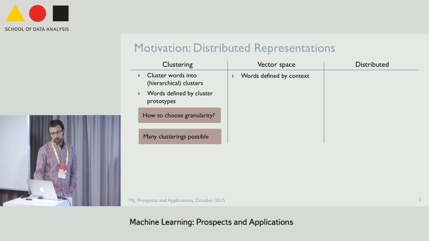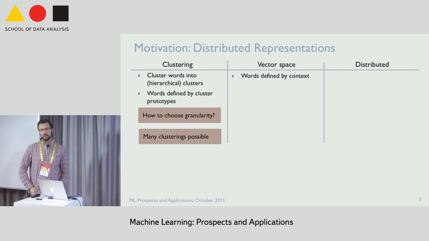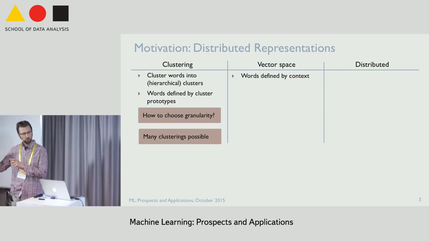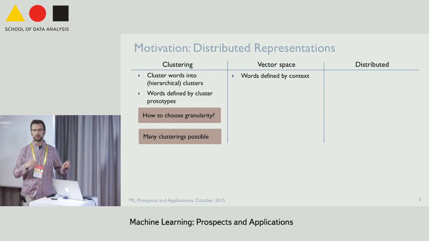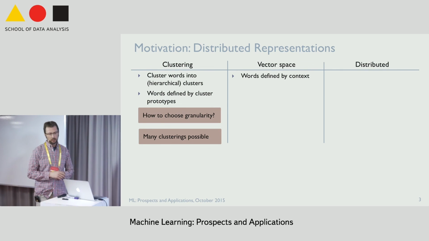Another option is vector space representation. Until recently, that really meant representing a word as the context in which it appears. Typically, you have a small contextual window that you use to collect other words that tend to co-occur with a given word, and then you turn that co-occurrence information into large vectors of the size of your vocabulary, so very large sparse vectors.